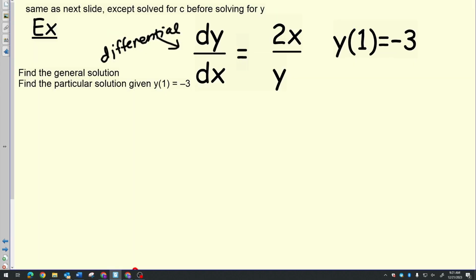So let's look at this differential equation here. Let's go ahead and solve it. It doesn't always say to solve for y. Sometimes it says find the general solution. Sometimes it says find the particular solution given some initial condition.